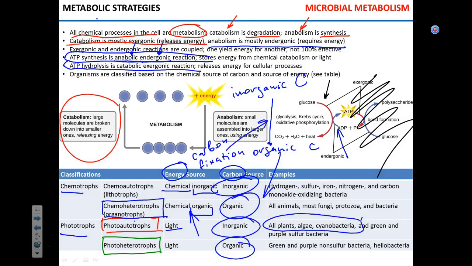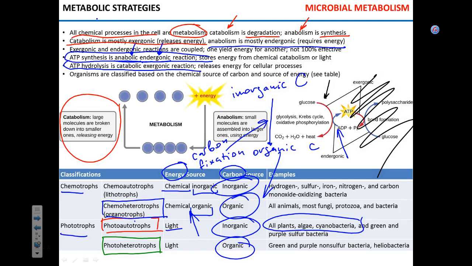So what belongs to chemoheterotrophs? All fungi, the vast majority of bacteria. Not all of them, absolutely not. Green sulfur, purple sulfur, non-sulfur bacteria, they're not. But the majority of bacteria are chemoheterotrophs. Okay? Protozoa, all of them, chemoheterotrophs. Does that make sense?